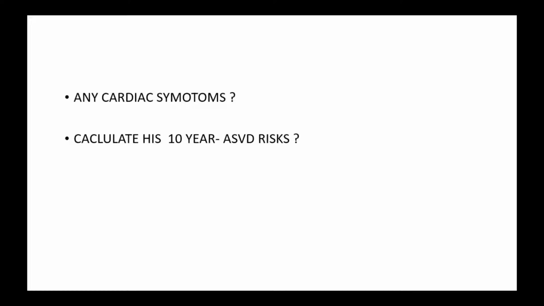What do you mean by medication? If the risk is more than, I think, 10%. 7.5%. 7.5%, I should give him a high intensity statin plus aspirin. If it is low, no need for medication, or no need for aspirin and atorvastatin or statin in general.